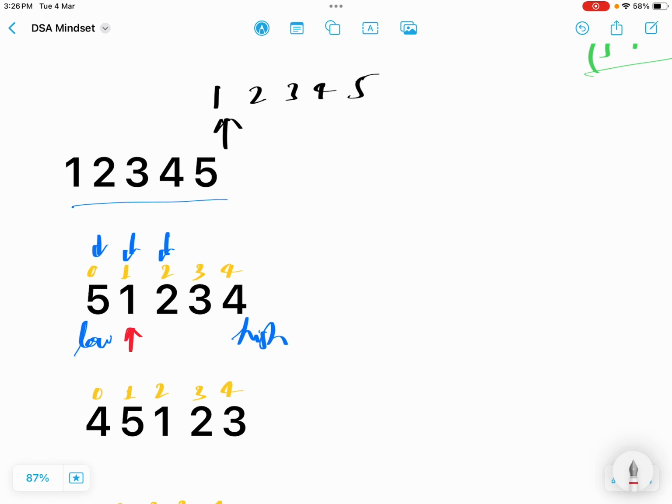Sorry, I'm talking about mid, not minimum. If mid is here, then mid minus 1 is this part, and mid plus 1 is this part, the next element.